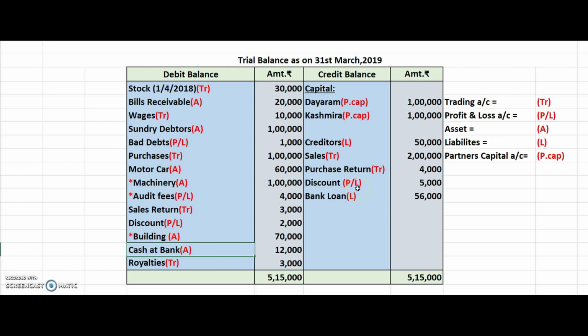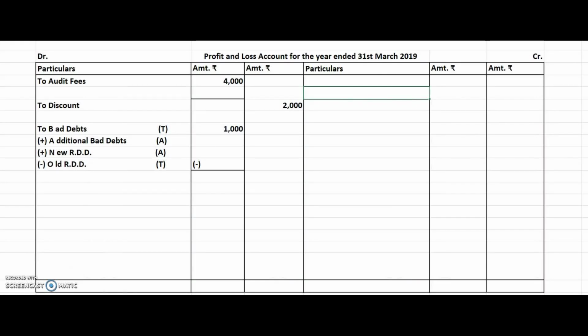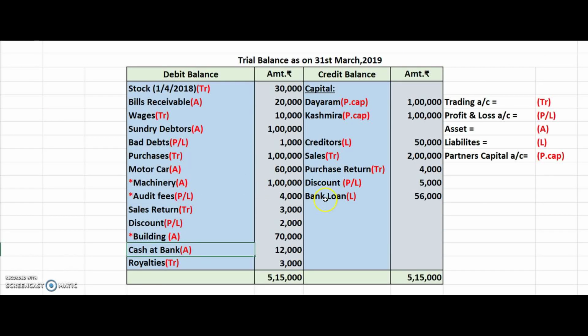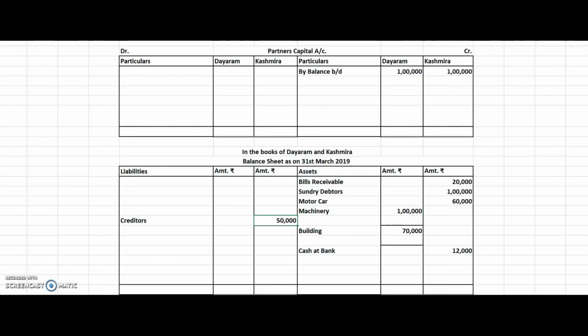It is a mind work, that means to say it is an office item, P&L, 5,000. This is on the credit side. First line is generally to be left, since an answer called gross profit is to be written here later. Next is bank loan, which is a liability. This is transferred to the balance sheet.